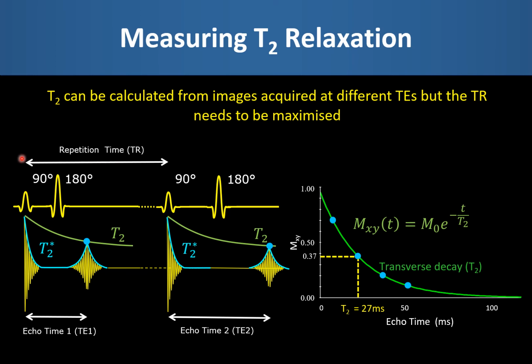Of course, we need to ensure that we have a very long repetition time in order to make sure that the magnetization is fully back to equilibrium before we perform our next excitation, but this time with a different echo time. So it can be quite time consuming to make T2 relaxation measurements.